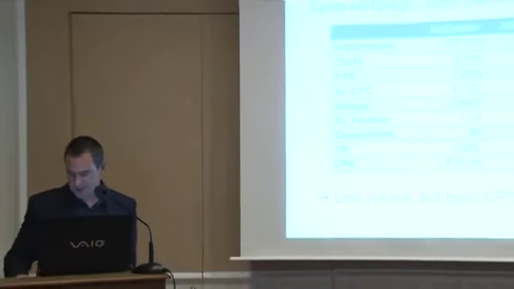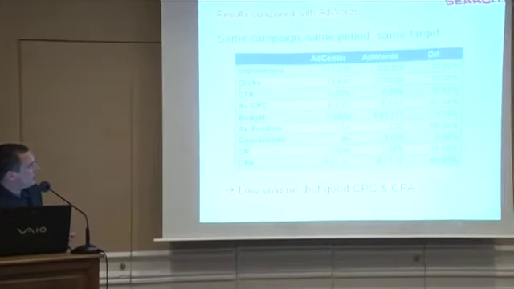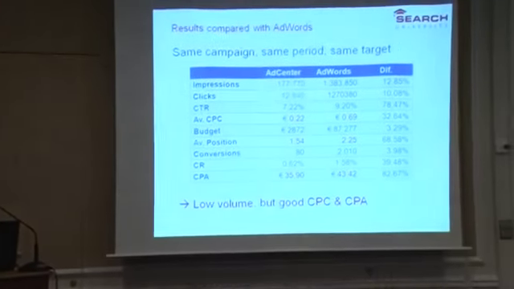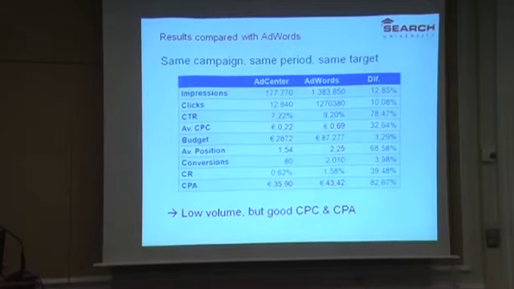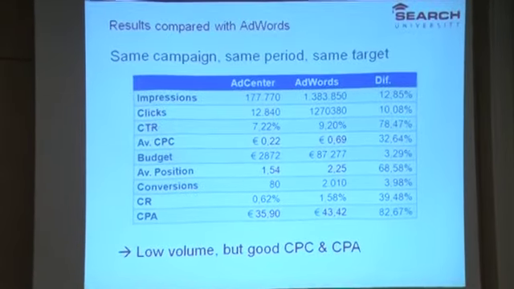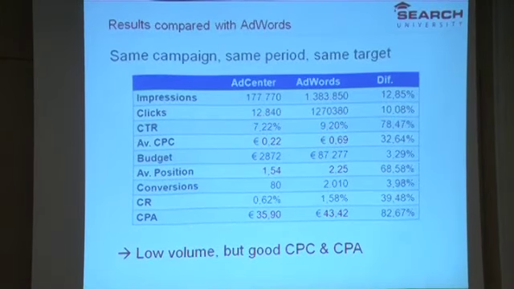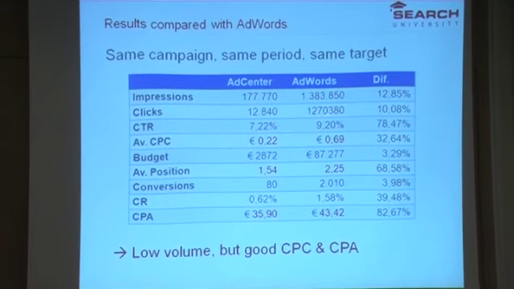So what we can see, first of all, is a very low volume of impressions compared to AdWords. Then, of course, the number of clicks is following the same trend, with only 10% of the clicks we get on AdWords on the Ad Center campaign.